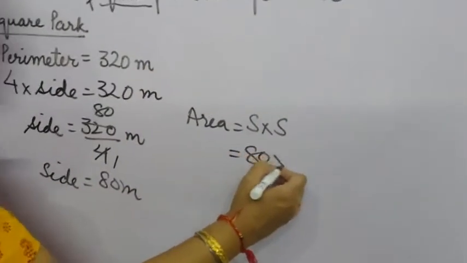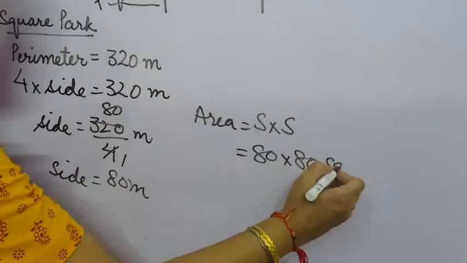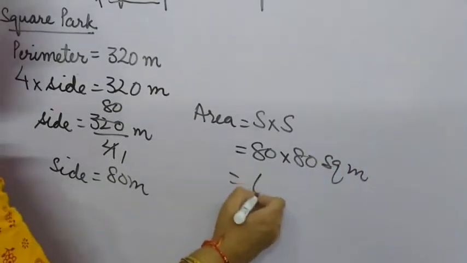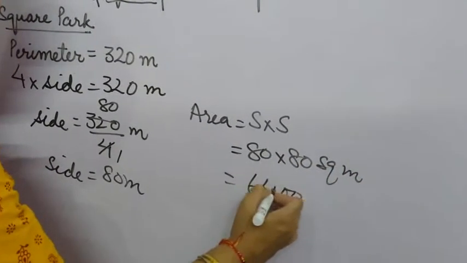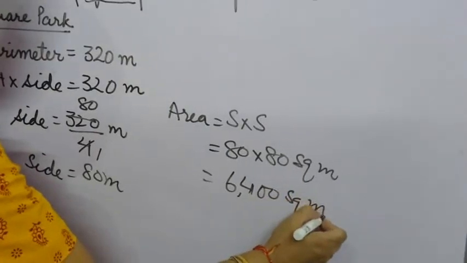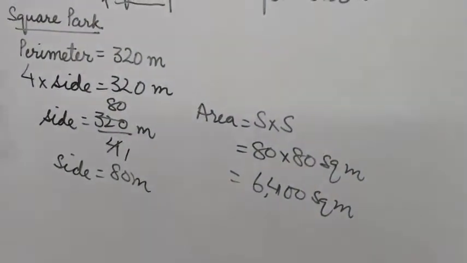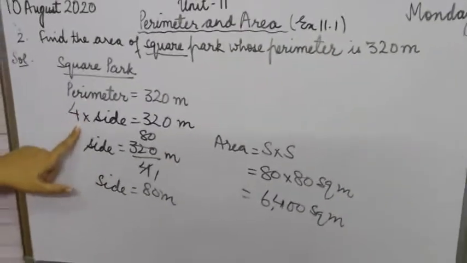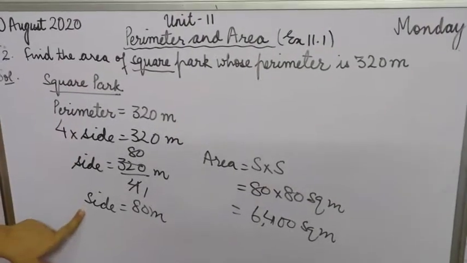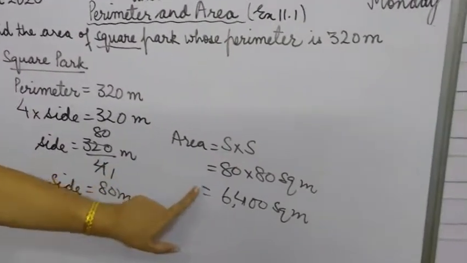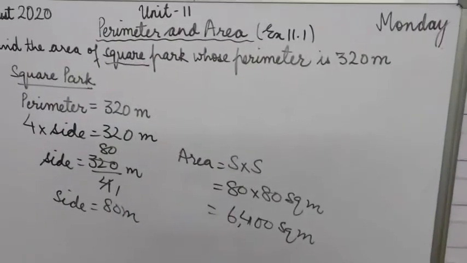So it is 80 multiply 80 square meters. So it is 6400 square meters. So here first we have calculated the side from the perimeter, and then using this side we have calculated the area.